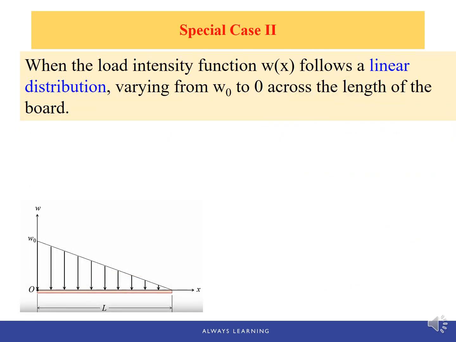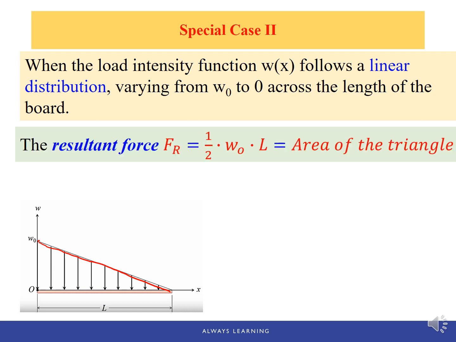Second case is when the load intensity function w(x) follows a linear distribution. It's a straight line varying from a value w0 to 0 across the length of the board. In other words, the distribution of this loading intensity forms a triangle shape.